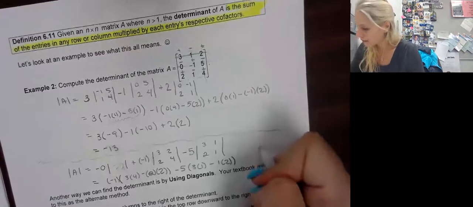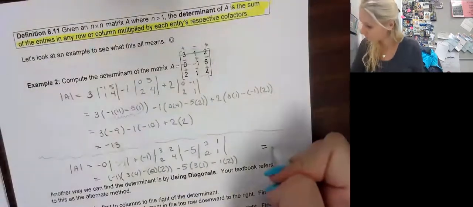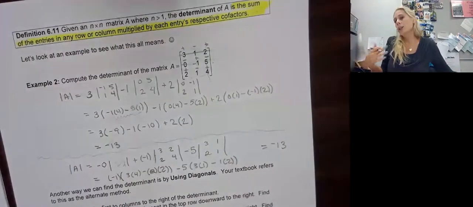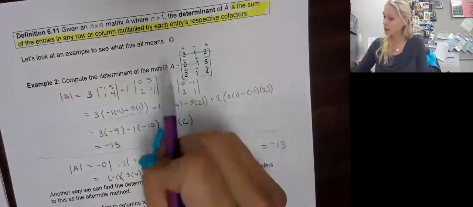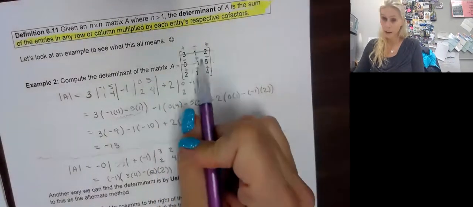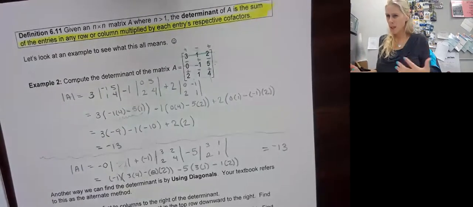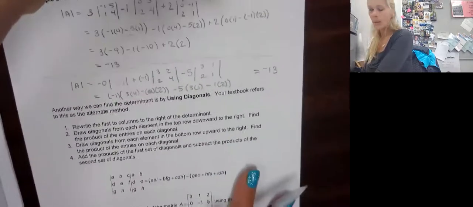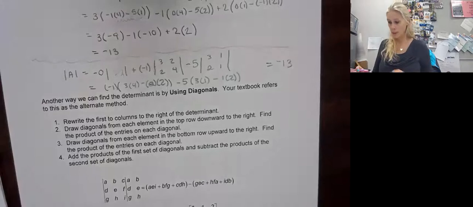When you do this out, guys, you get, and you can see I got it on my calculator, -13. Okay, so that was me just proving to you that you could use any row or column you want as long as you're doing the correct adding or subtracting there. But I would stick with the same thing always, so you're always in the same habit. Okay, so that is one way that we can find the determinant.